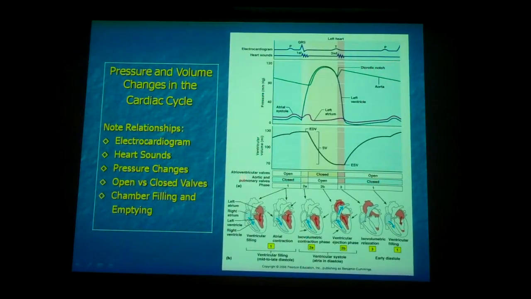Down here, it's telling you when the atrioventricular valves are open and when they're closed. Down here, it's telling you when the aortic and pulmonary valves are open and when they're closed. And of course, it's relating these phases to the way blood flows through the heart. So let's just look at a few things on this.